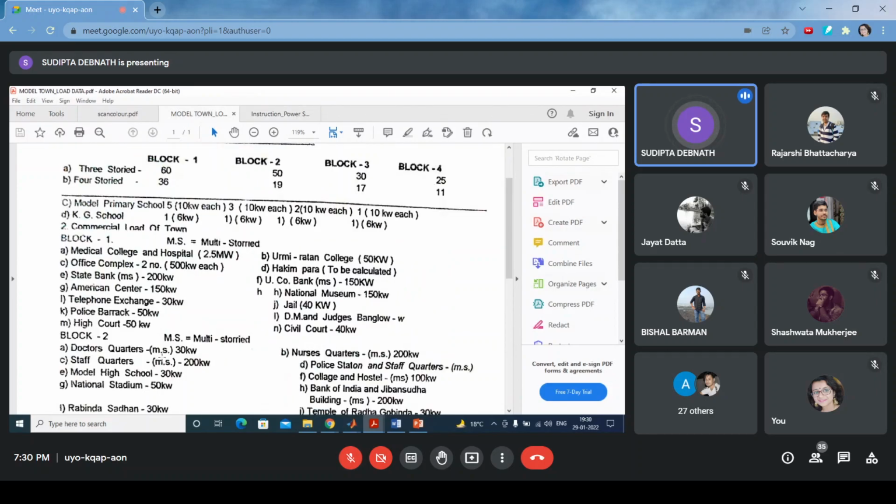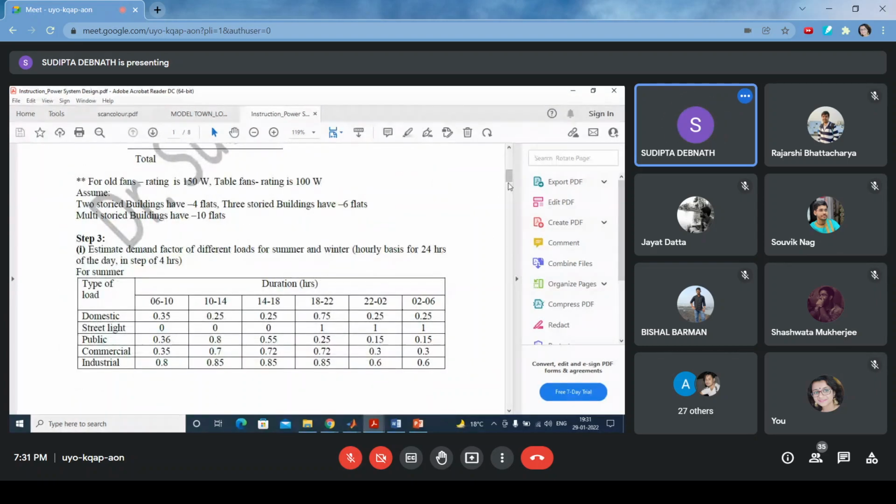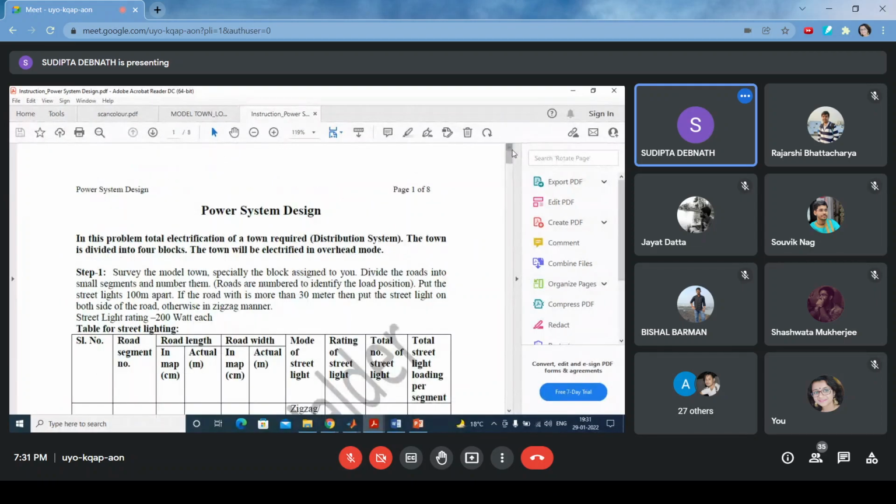School load, you have to include that one. So don't get confused. Start with the street light loading. Start with this one.